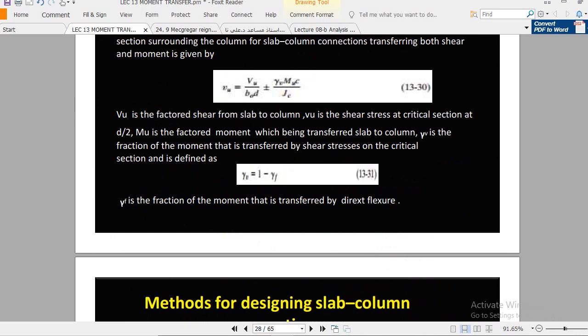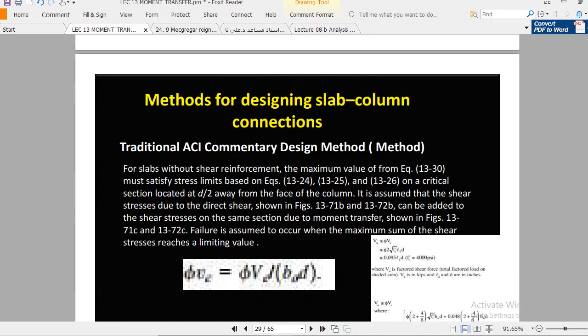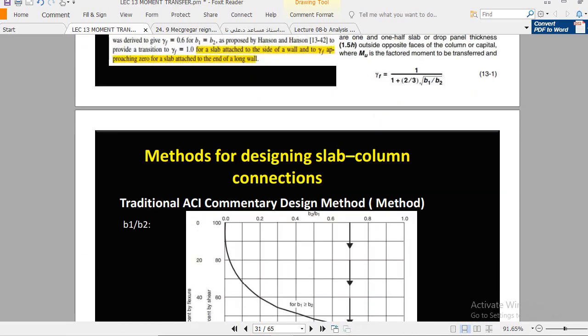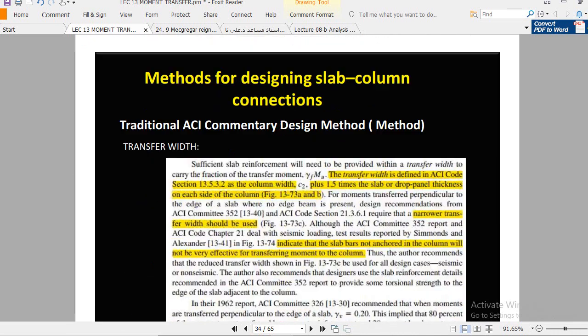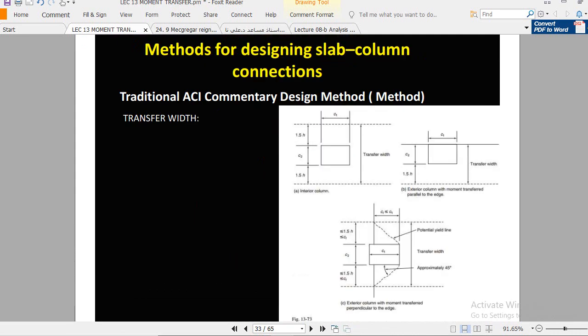We covered different ACI criteria regarding such situations when we have unbalanced moment, and we understood what the transfer width is thoroughly. You must know about the transfer width, because in today's examples we will use it.